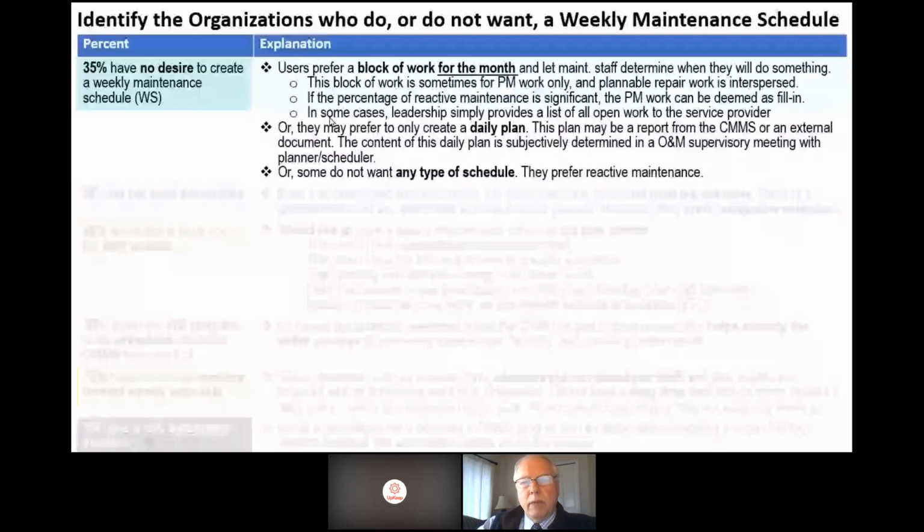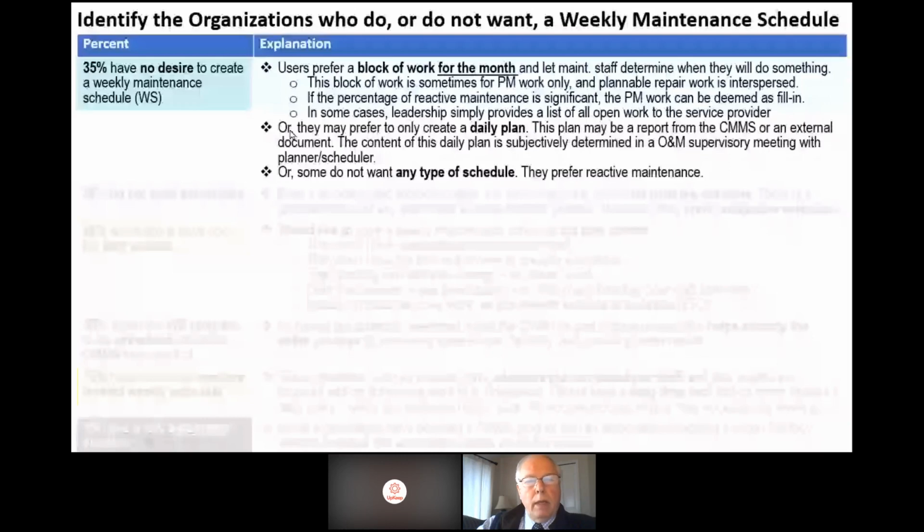Lastly, leadership may simply provide a list of all open work in the backlog, and they may have the maintenance work contracted out to a service provider, and so it's up to the service provider looking at the huge list of work to figure out what they want to do. Okay, that's what's going on in the world for those guys.